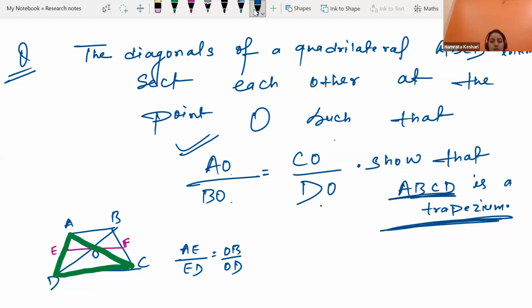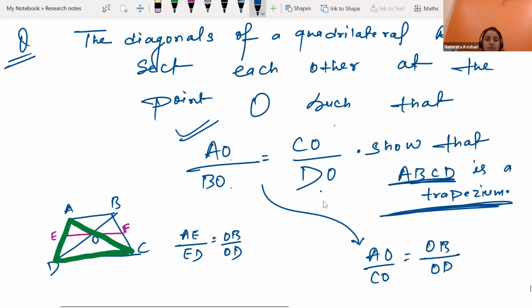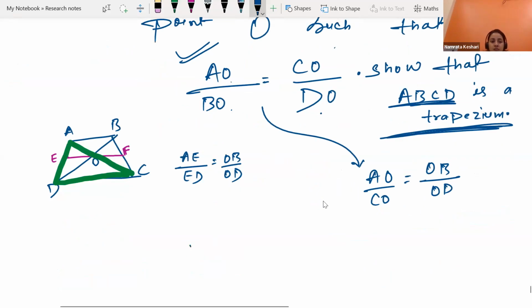But from the given part, we can write that OB by OD is nothing but AO by CO. That means we can do the comparison. Just a moment, please don't get confused. I'm explaining.